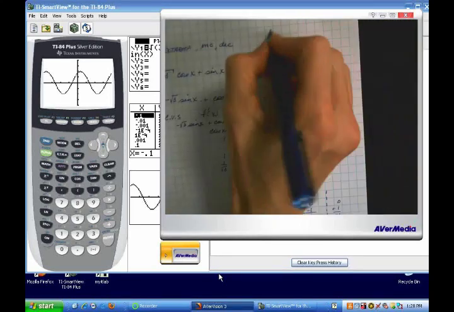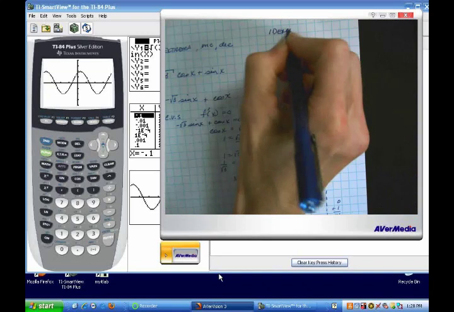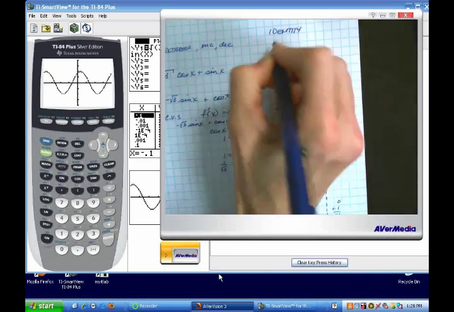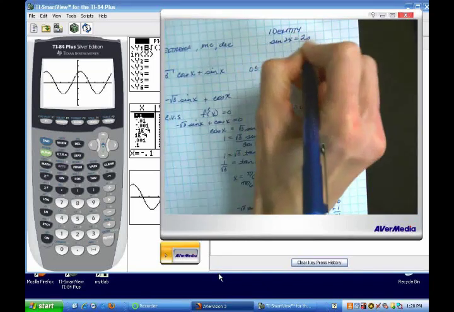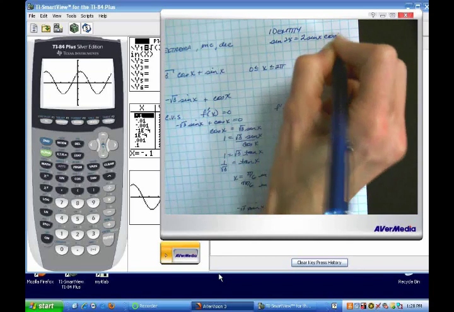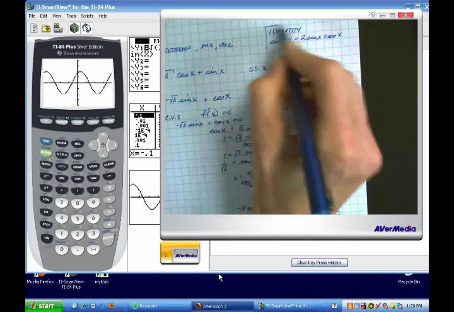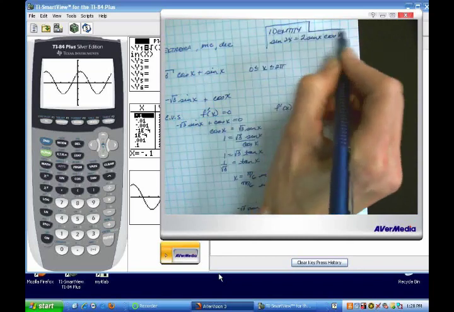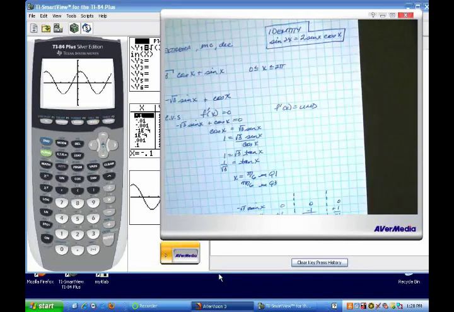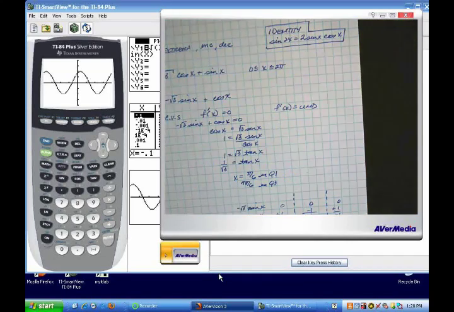Here's an identity you may or may not run into in your homework, but you might want to write this down. If you have sine of 2x, it is 2 sine x cosine x. I have seen this somewhere. I don't know when I did some of these examples, but you might run into that. So just remember, you might have to use that double angle identity when you're working on your homework. I'm not certain where I've seen it, but it's been recent. So just keep that in the back of your mind.